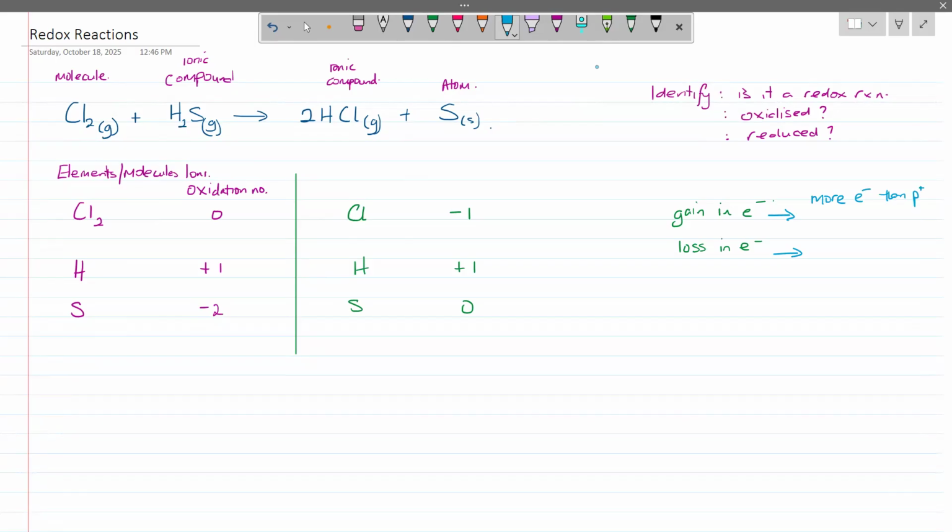Protons are positive, right? So that would result in an overall negative charge or negative oxidation number. In other words, if we are on a number line and we're going from 0 to -1, that is a decrease in oxidation state or number.